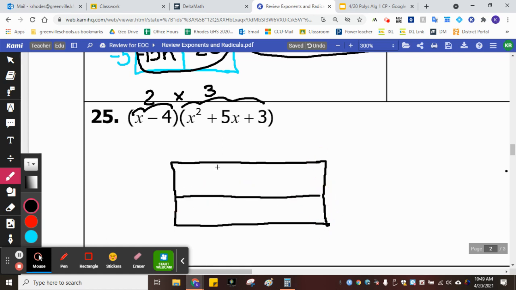Two rows, 3 columns. Make sure you take the sign. So don't just put 4, but negative 4.